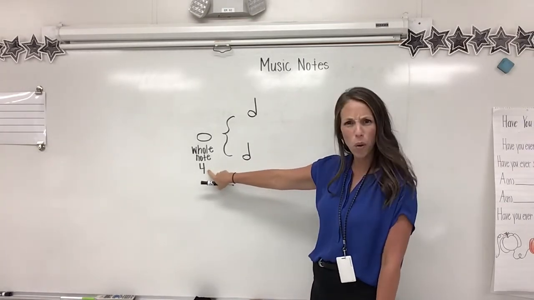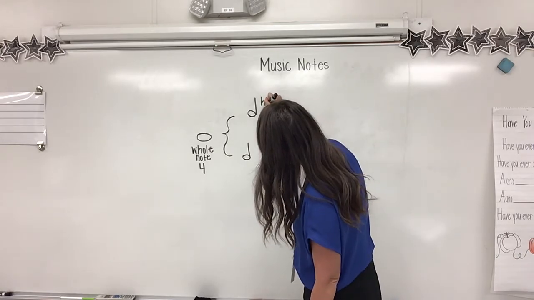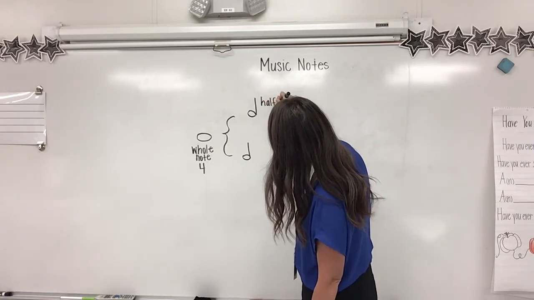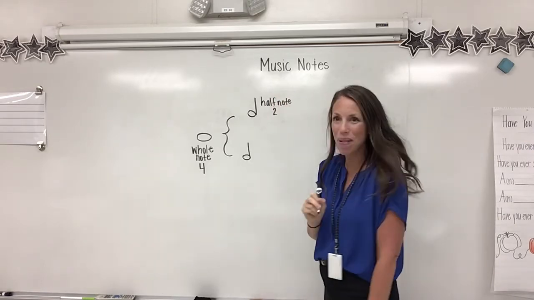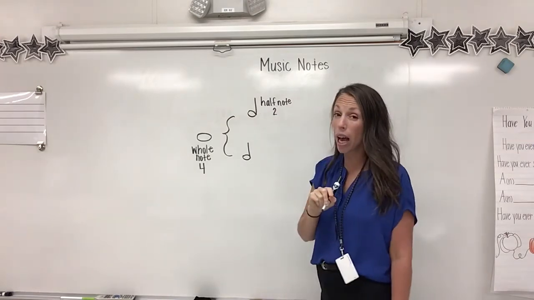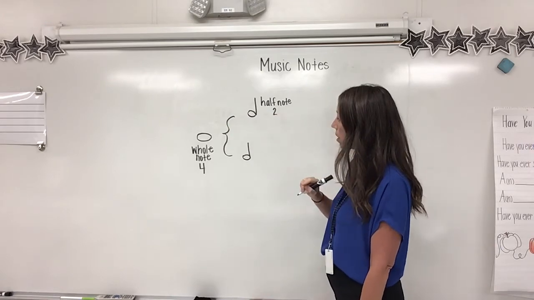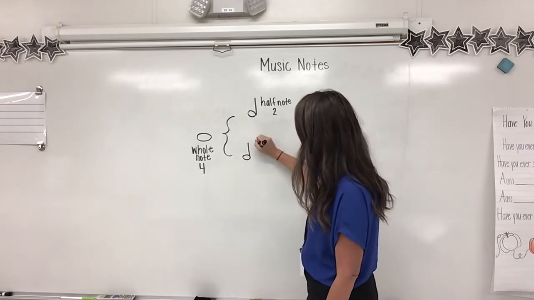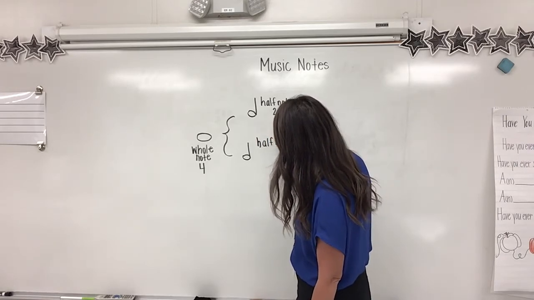So what's half of 4? 2, and we know that a half note gets 2 beats. So let's write in our vocabulary, half note and 2 beats for this half note and this half note.